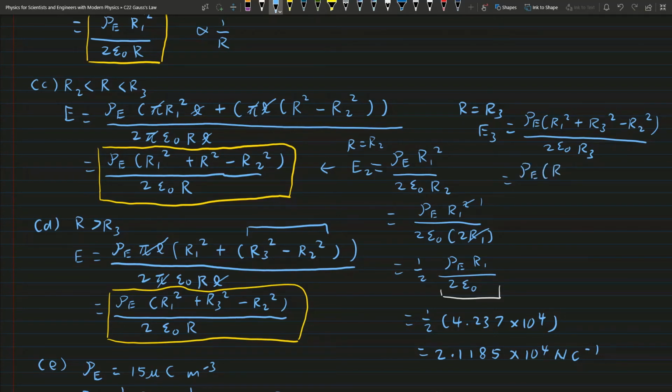We know R3 is equal to 3R1 and R2 is equal to 2R1.